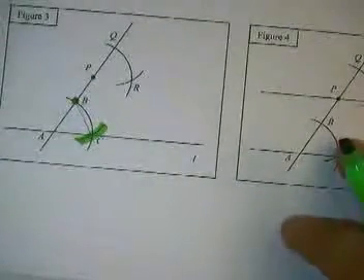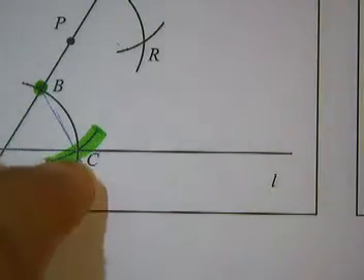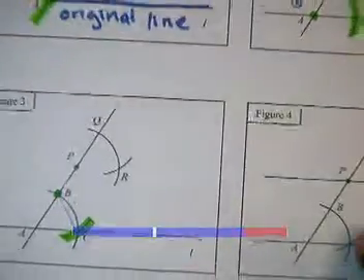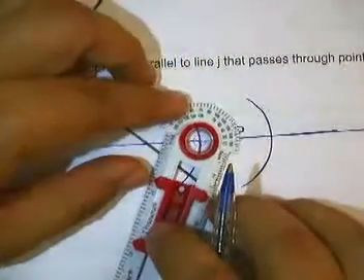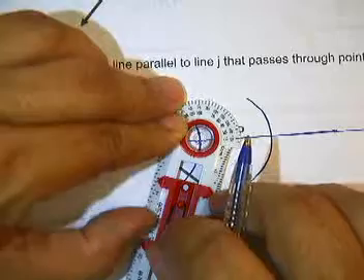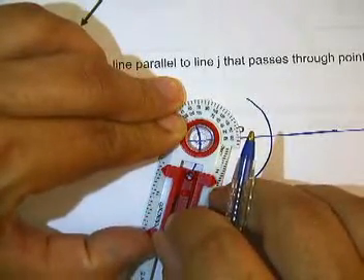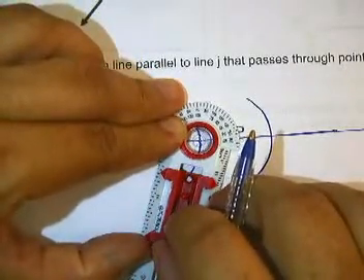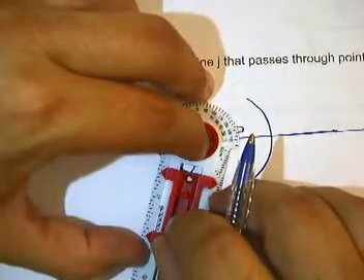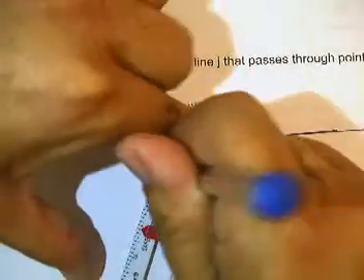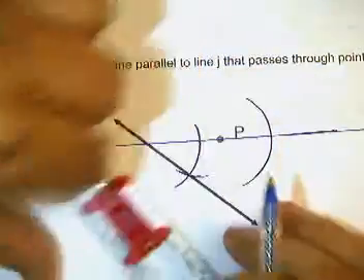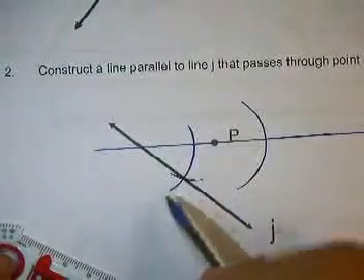If I zoom in a little bit, you can see that they are all crossing right there. So let me go ahead and make my arc and measure. What I'm really doing is just measuring from here to here. So I put my center right there, and I adjust the compass so it kind of goes right over it. Let me make sure. Yeah, that looks pretty good. Adjust my compass, and it should intersect all three lines at once. So you can see how all three lines intersect right there.